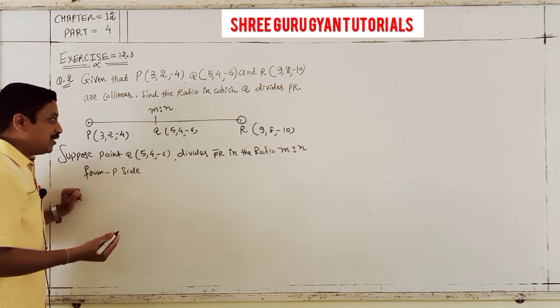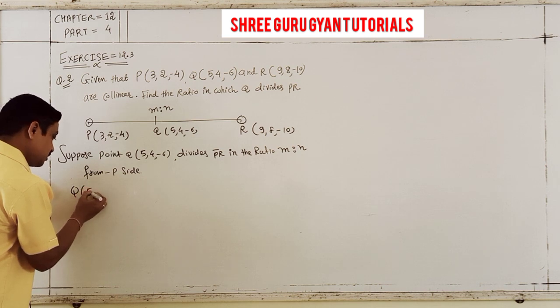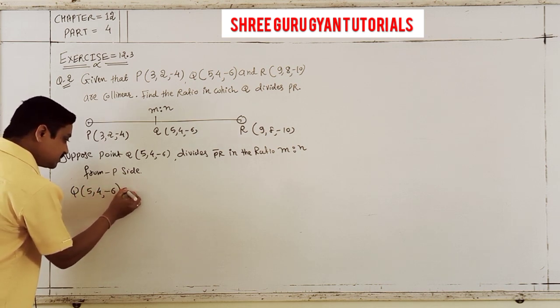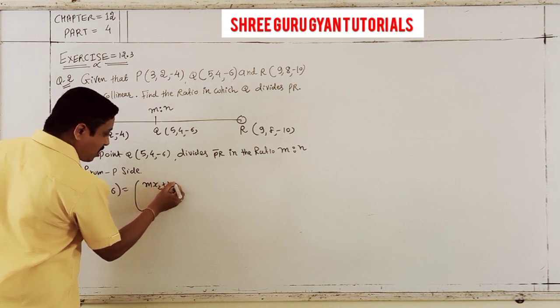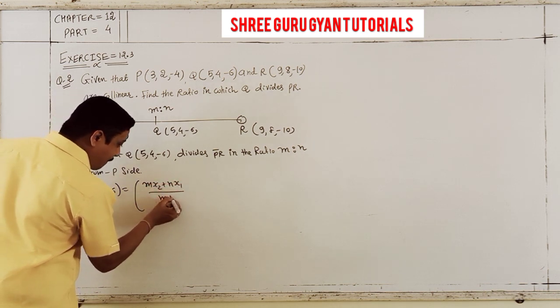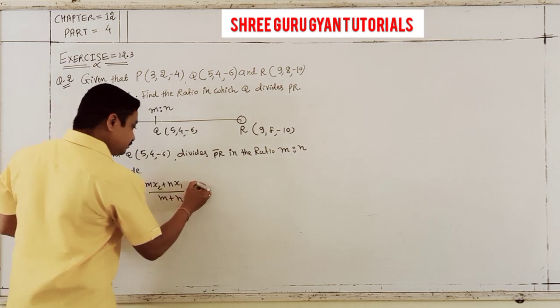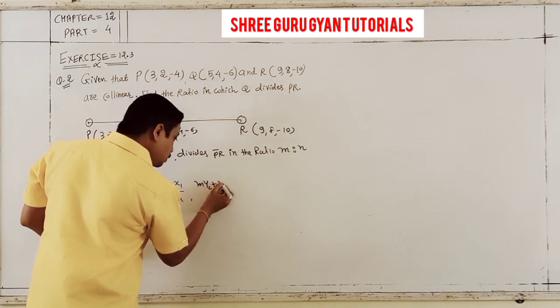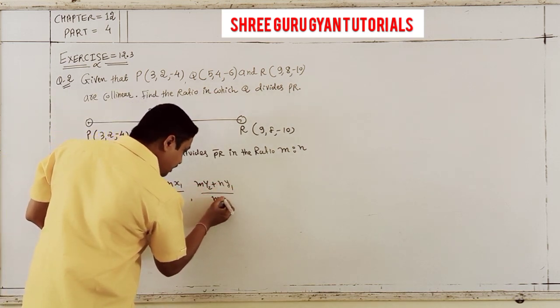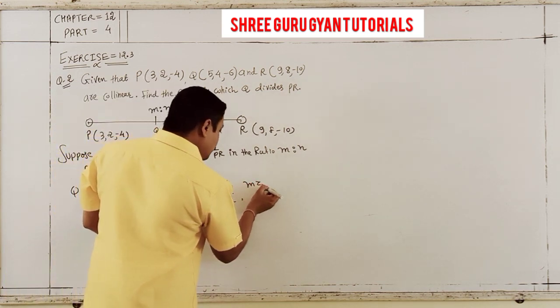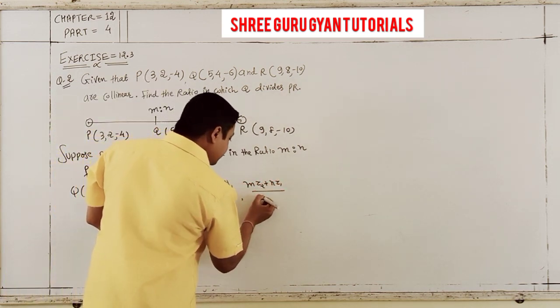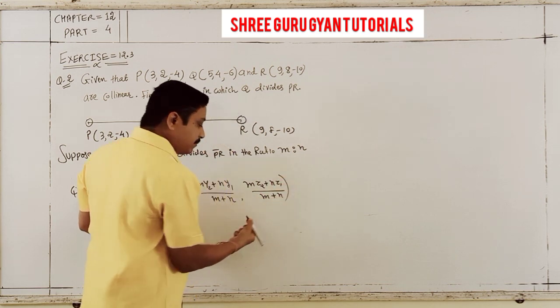Put the values for Q first, (5, 4, -6), and for the ratio, students, apply the section formula: (mx2 + nx1) over (m + n), (my2 + ny1) over (m + n), and (mz2 + nz1) over (m + n).